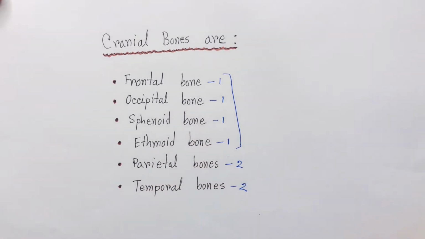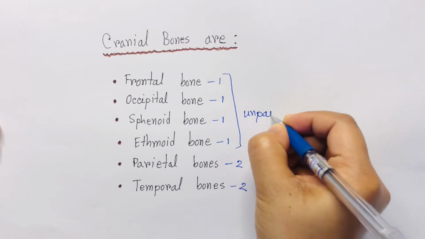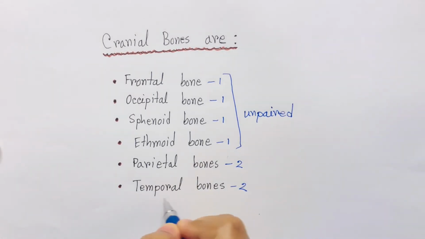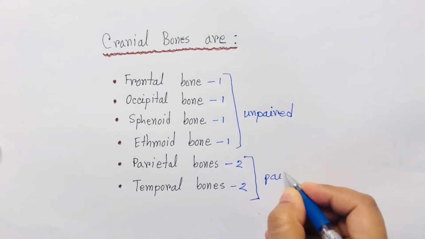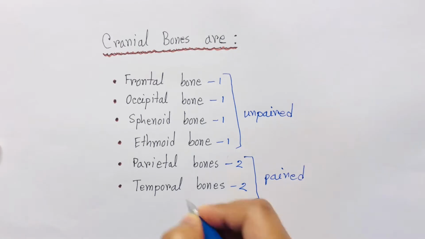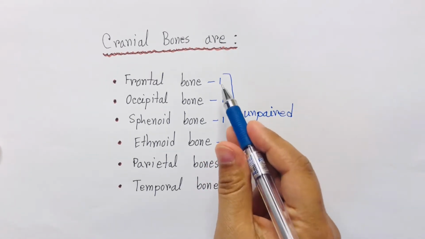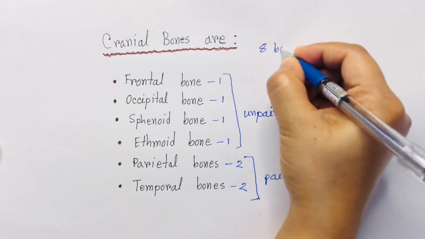These four bones are unpaired bones. And parietal and temporal, these two bones are paired bones. So we have a total of 8 cranial bones.